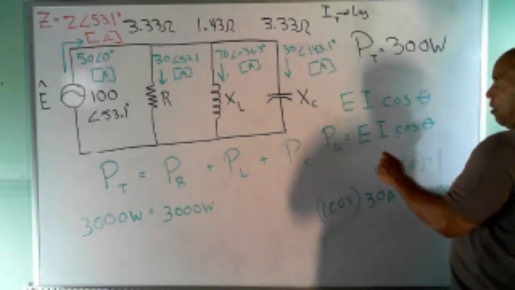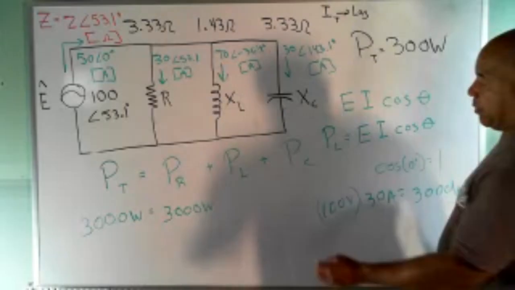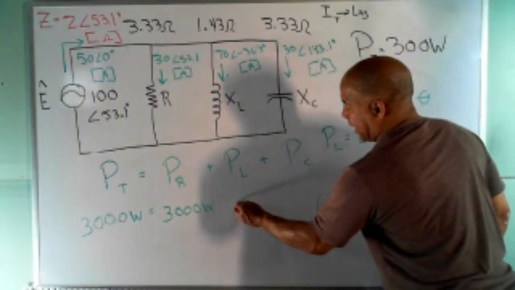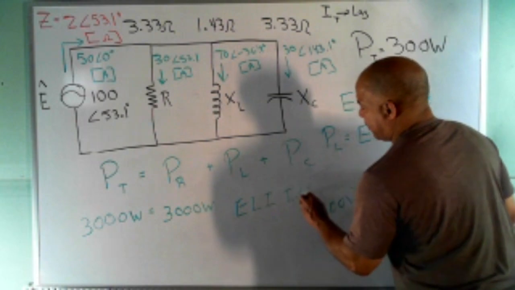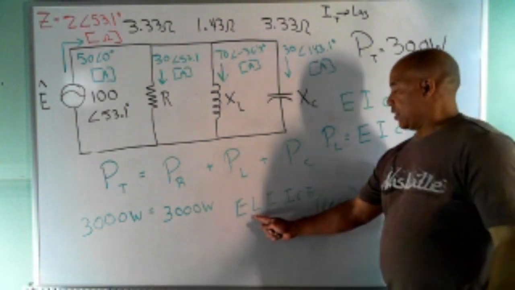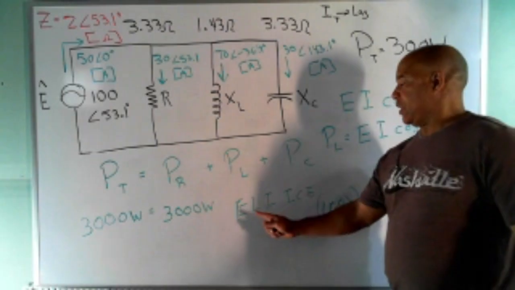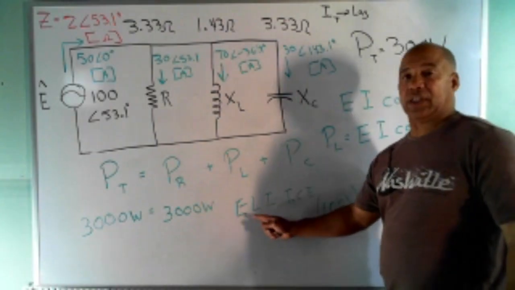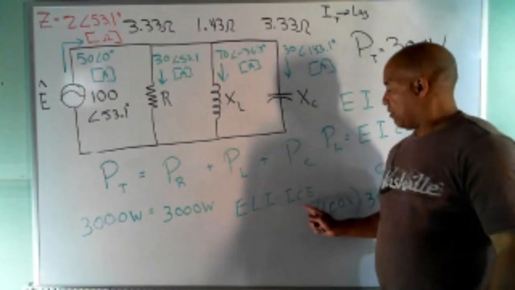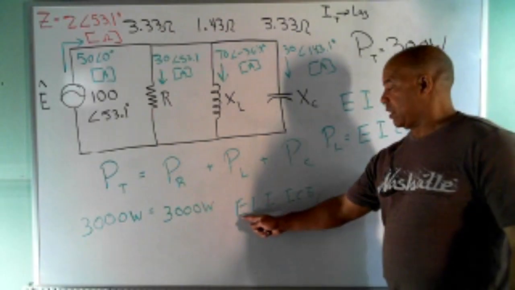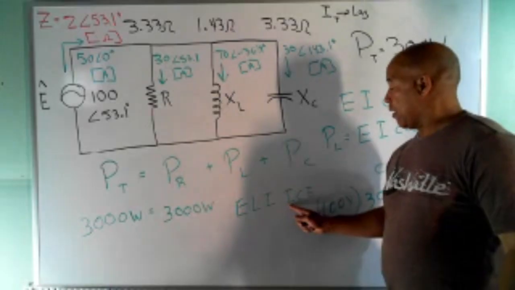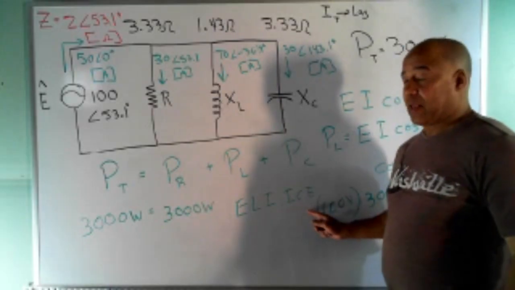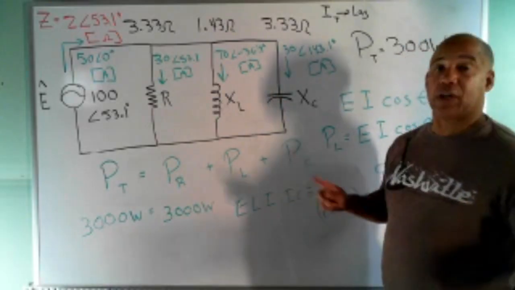Now remember Eli the Iceman, whether I have an inductor or a capacitor, this tells us which leads and lags. With an inductor, the voltage is going to lead, the current's going to lag. For a capacitor, the current is going to lead, the voltage is going to lag. But the phase between them is always 90 degrees.